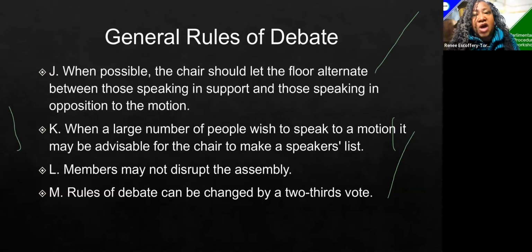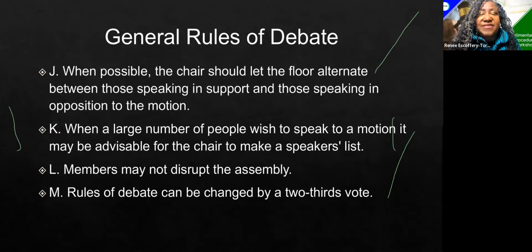You don't have 5 people talk about why it's good and no one talk about why it's not good, because you have to protect the rights of the minority, of those absent. So as presiding officer, you should try to say, are there any individuals in opposition to this? I would like to hear from them now, so that your body can hear all sides of an issue.